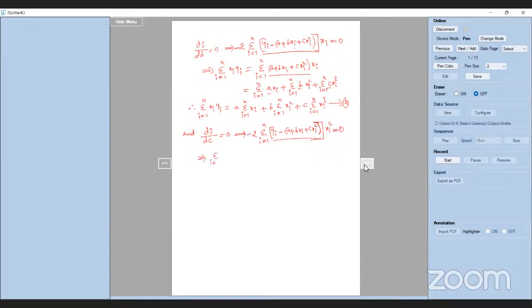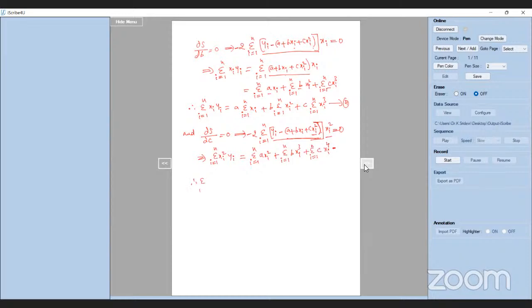That is, summation i equal to 1 to n xi² yi is equal to, taking these terms to the right side, summation a xi² plus summation b xi into xi², which is xi³, plus summation c xi² into xi², which is xi to the power 4.